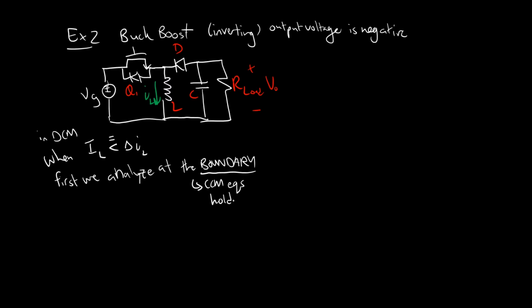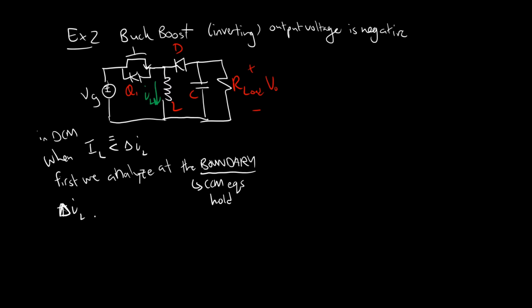And that's super important because basically we're going into a realm, the DCM realm, where we don't know what's going on, but we do know what's going on in the CCM realm. So if we use the CCM equations to find out when we go into DCM, then we can bring that back around to figure out what the DCM equation should be. Cool. So we're at the boundary. Let's find the average IL in CCM and the delta IL in CCM, basically. So first, let's use delta IL.